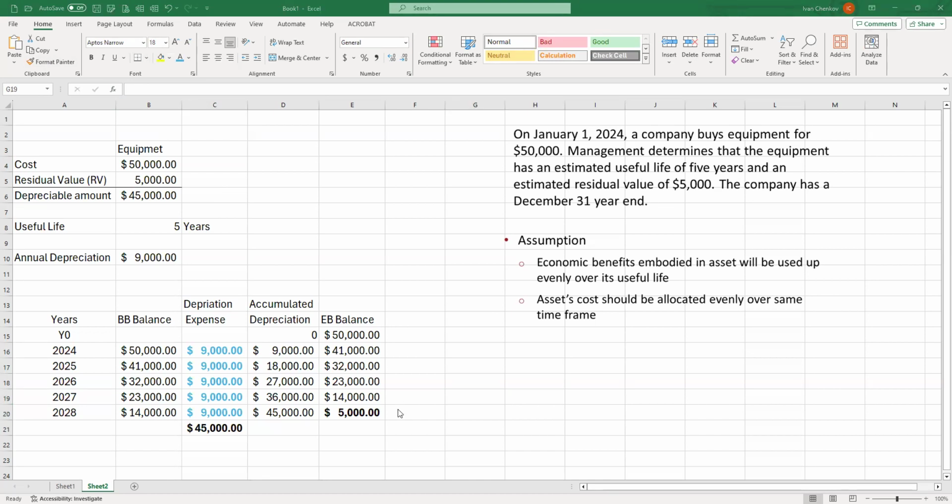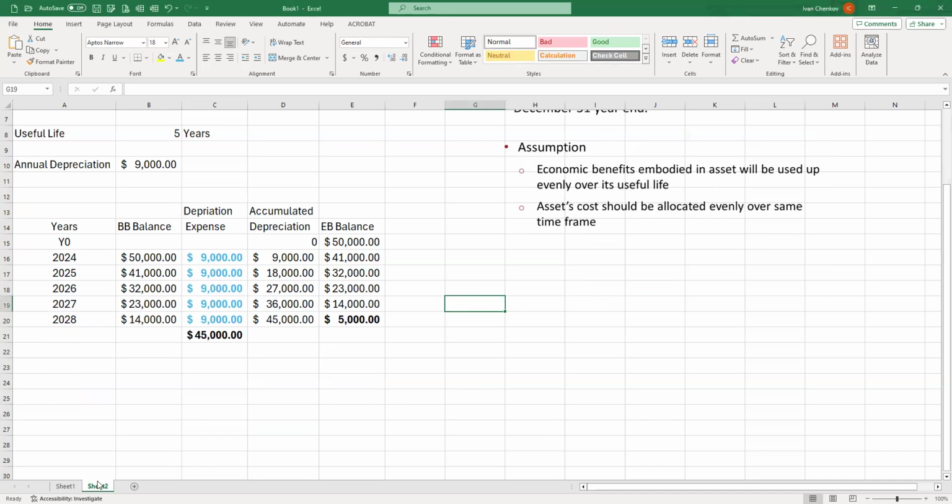The other method is called the unit of production method. For the unit of production method, we're gonna need a little bit more information. Let's name it straight line method, and the next one will be unit of production.